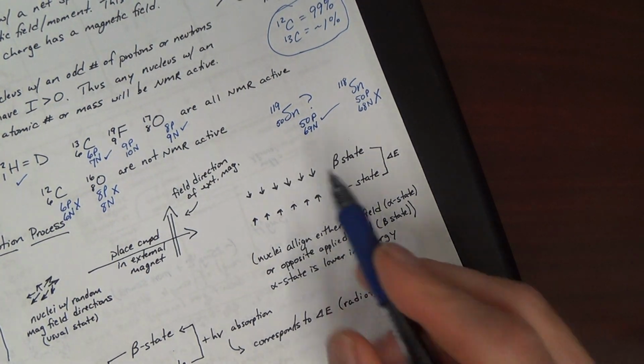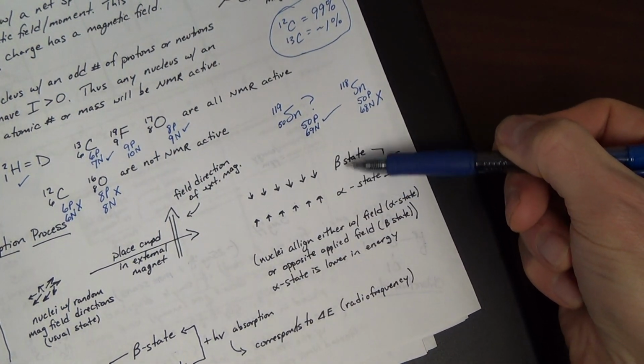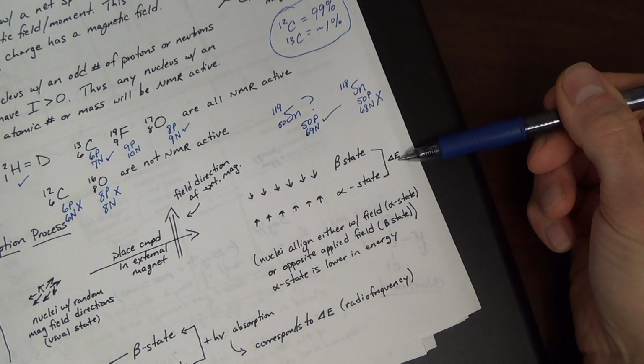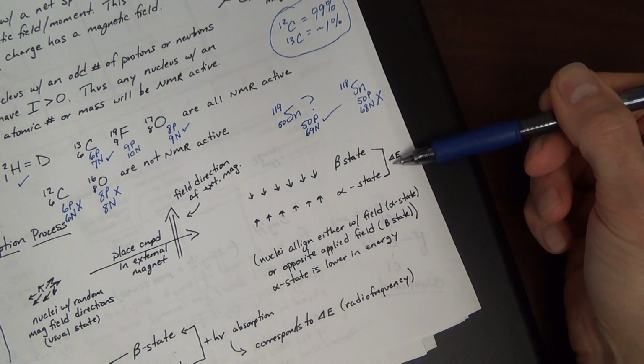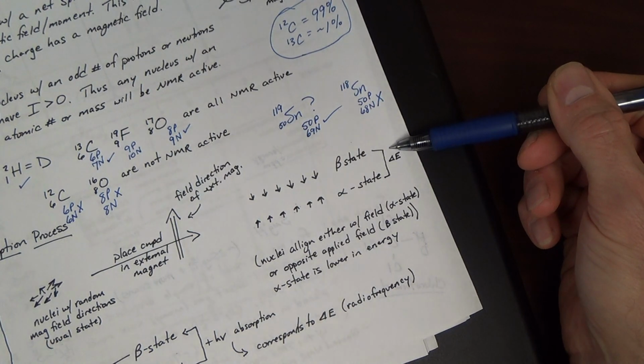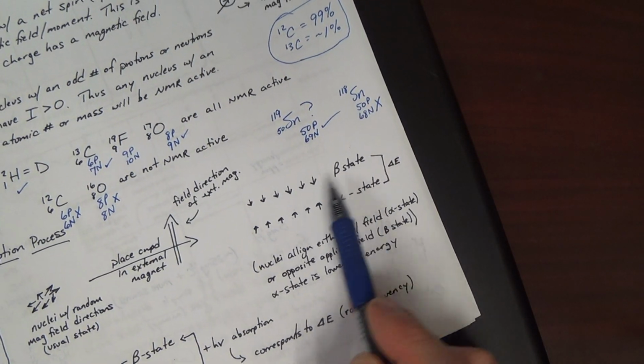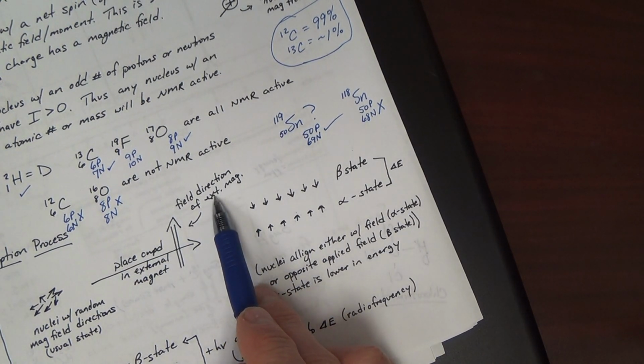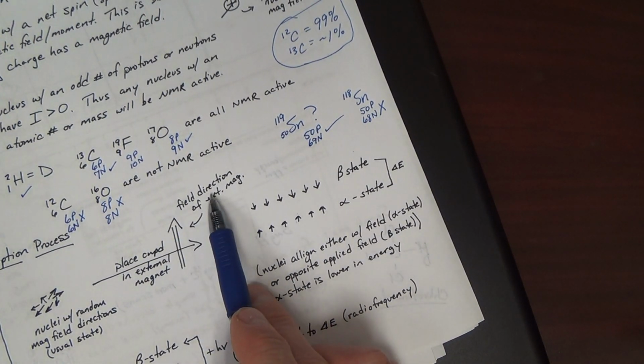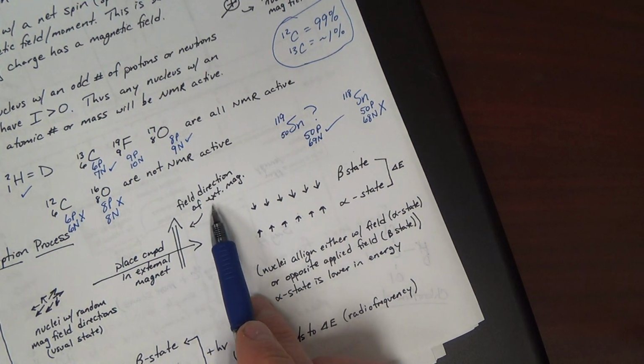A consequence of this is we now have two discrete energy levels with a delta E, a difference of energy between them. Okay? This only occurs when the sample is in the presence of an external magnetic field, a large magnetic field. Okay, the magnet.